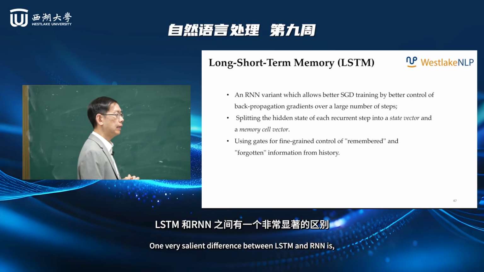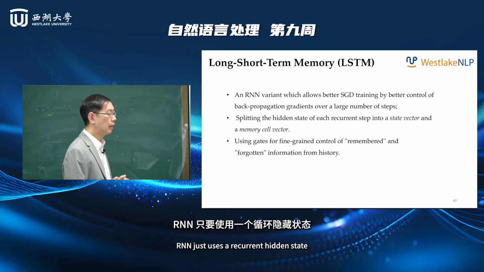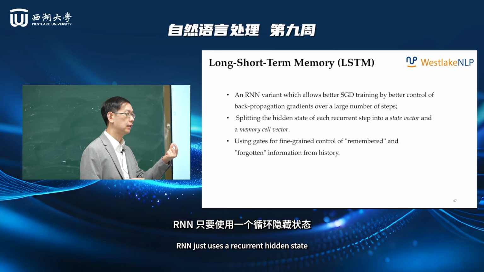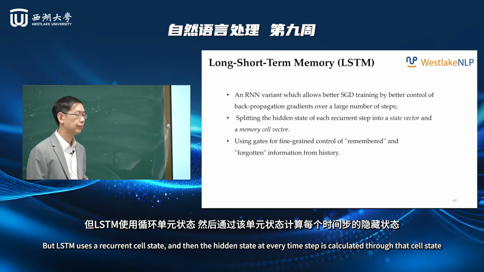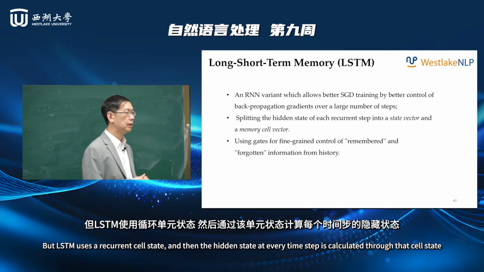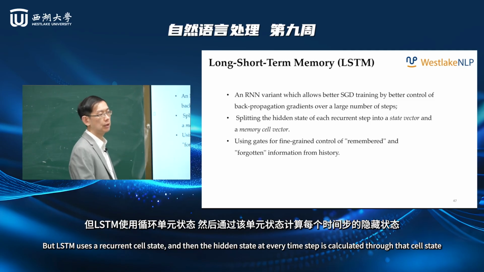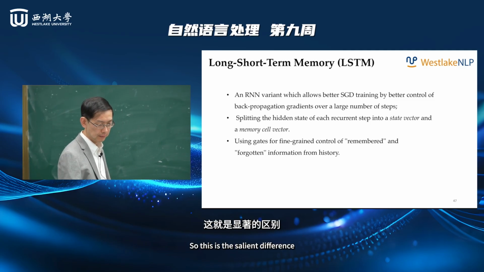One very salient difference between LSTM and RNN is that RNN just uses a recurrent hidden state, but LSTM uses a recurrent cell state. And then the hidden state at every time step is calculated through that cell state. So this is the salient difference.